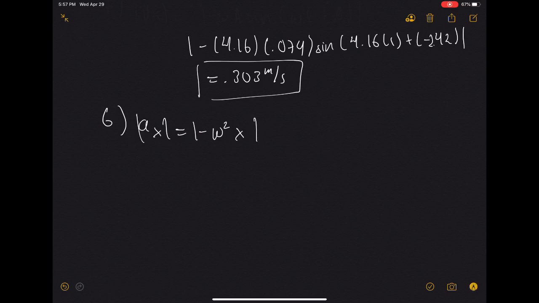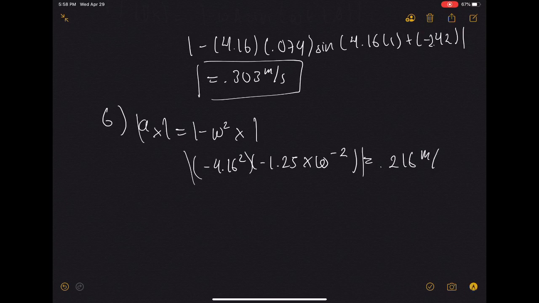We just have to plug the numbers we already have. So it's gonna be negative 4.16 squared times negative 1.25 times 10 to the negative 2. So that's gonna be 0.216 meters per second squared. That's gonna be the acceleration.